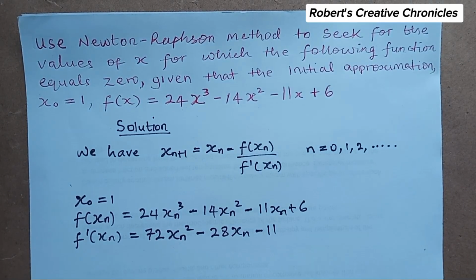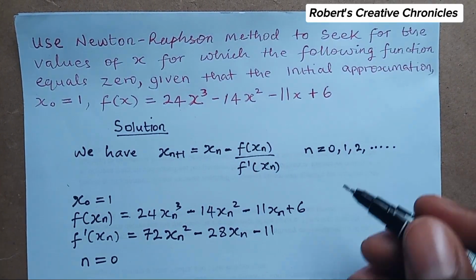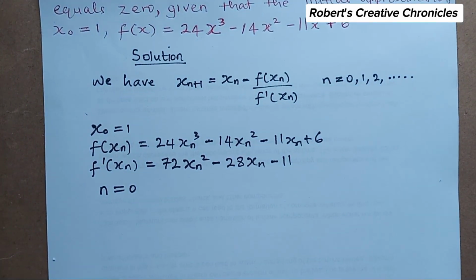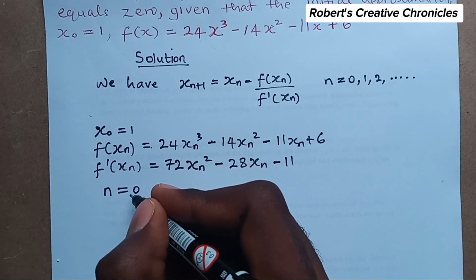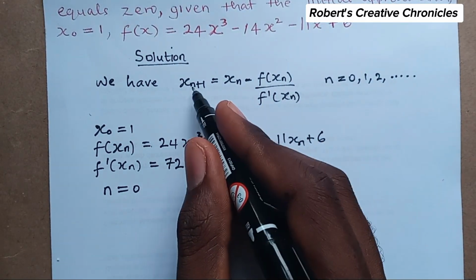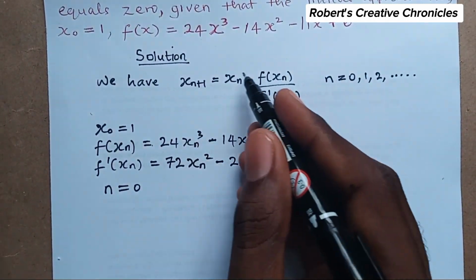So we'll start our iteration now, starting from n is equal to 0. When n is equal to 0, we substitute n equals 0 into the Newton-Raphson equation.